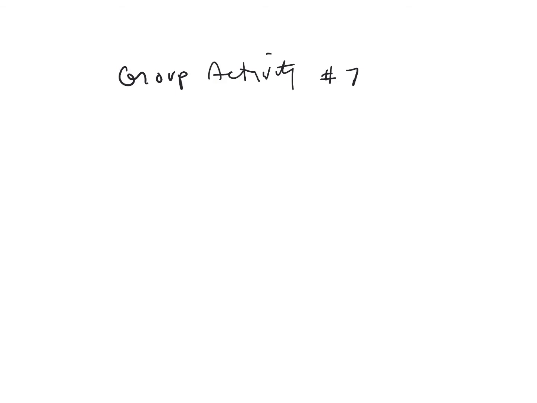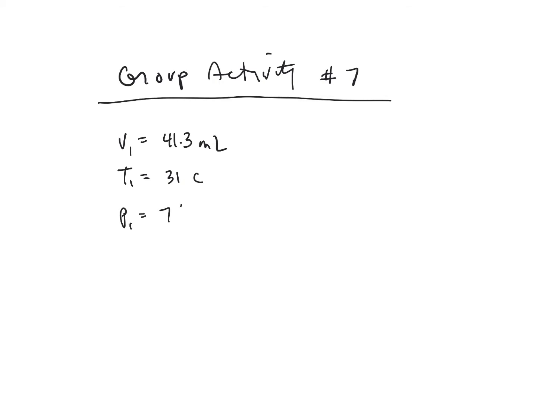Okay, so you can make a list here because with these gas problems you always have a lot of information, so it's good to write it down and organize it. So the culture produces methane gas, and the volume V1 is 41.3 milliliters at a temperature T1 of 31 degrees C, and pressure P1 is 753 millimeters of mercury.